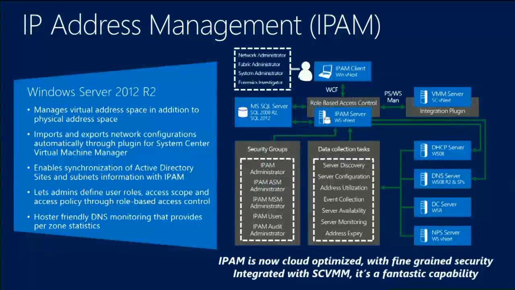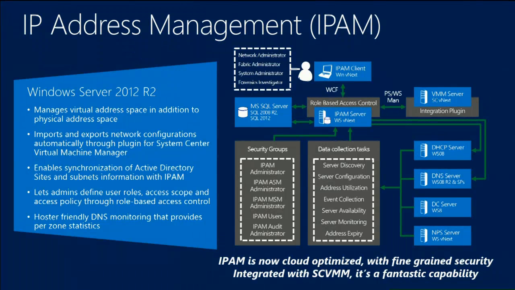In the 2012 R2 timeframe, the main thing that we did with IPAM was to cloud optimize it. And by that I mean three things. The first is that IPAM now has the ability to manage your tenant address space as well. IPAM will give out address pools like it always does.